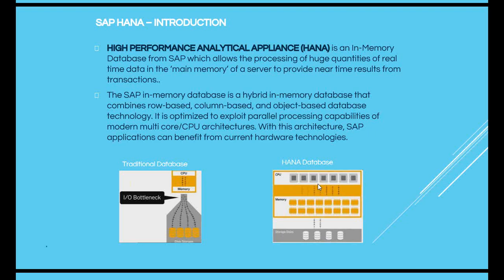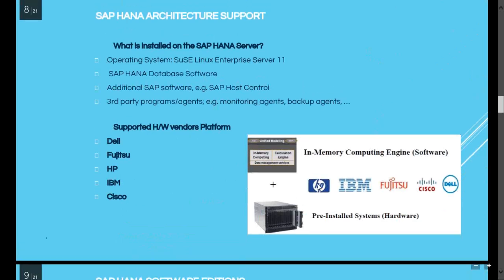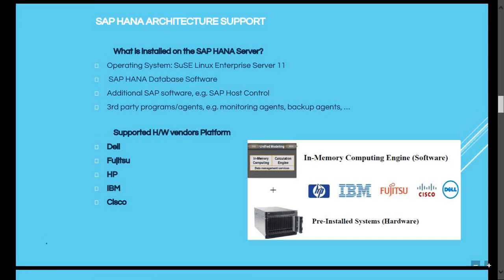And the hardware configuration is done by different vendors. They are Dell, Fujitsu, HP, IBM and Cisco. And we have 2 more companies, NEC and Hitachi as well. They are the certified partners of SAP to give the hardware configuration for your SAP HANA solution.